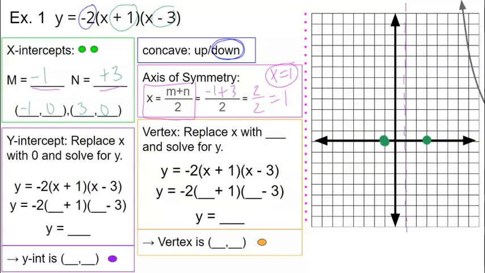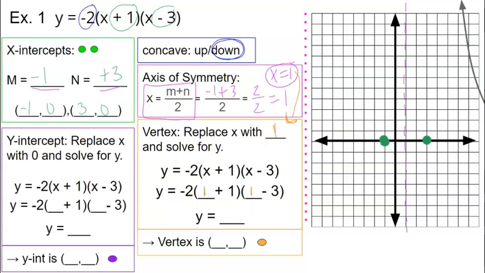So we're going to use that x value from our axis of symmetry, replace x with 1, and solve for y. So that process is still the same that we've been doing in all of our formulas. So for the vertex, we'll use our factored form equation, and then we'll replace those x values with 1.